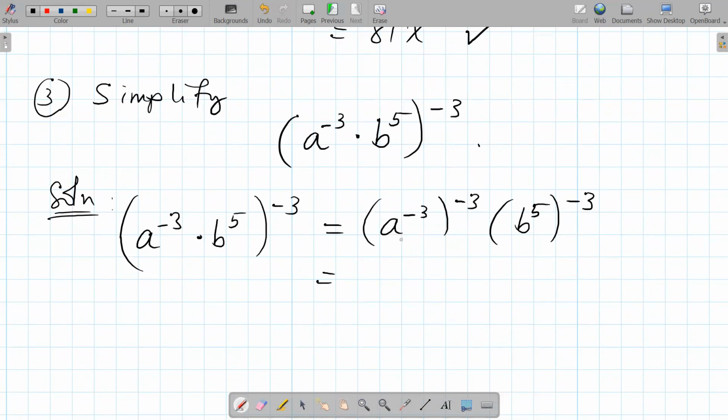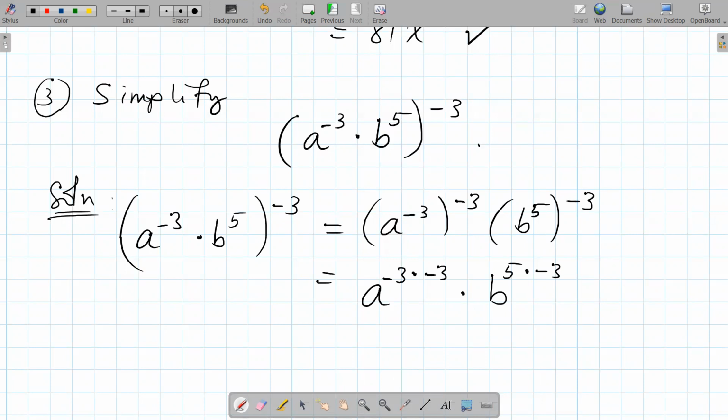Now, from here, we know of a rule that if there's an inner power, it multiplies the outside power. So this is going to be a to the negative 3 times negative 3. Same will be for the b: b to the 5 times negative 3, because we have an inner power and an outside power.